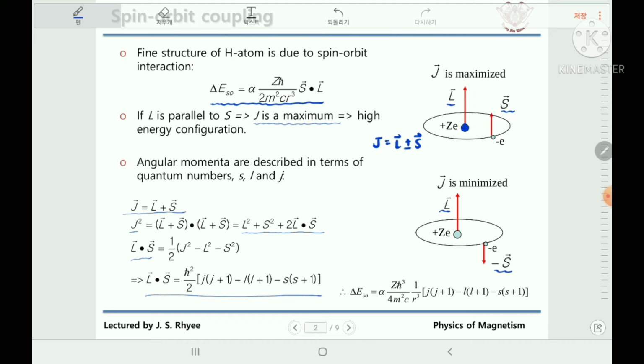When you substitute the S dot L, the spin-orbit energy can be written down like this, where alpha is the fine structure constant, and it is inversely proportional to r cubed.